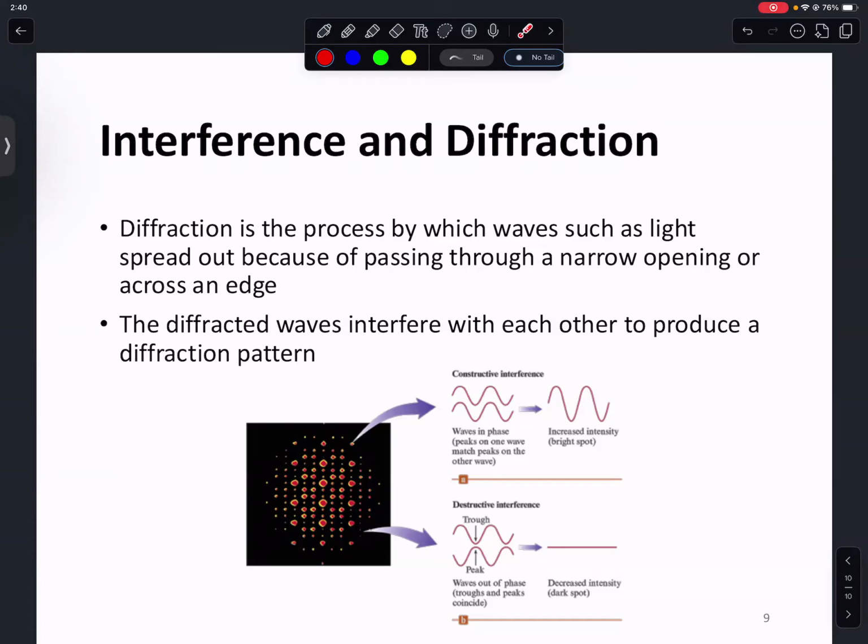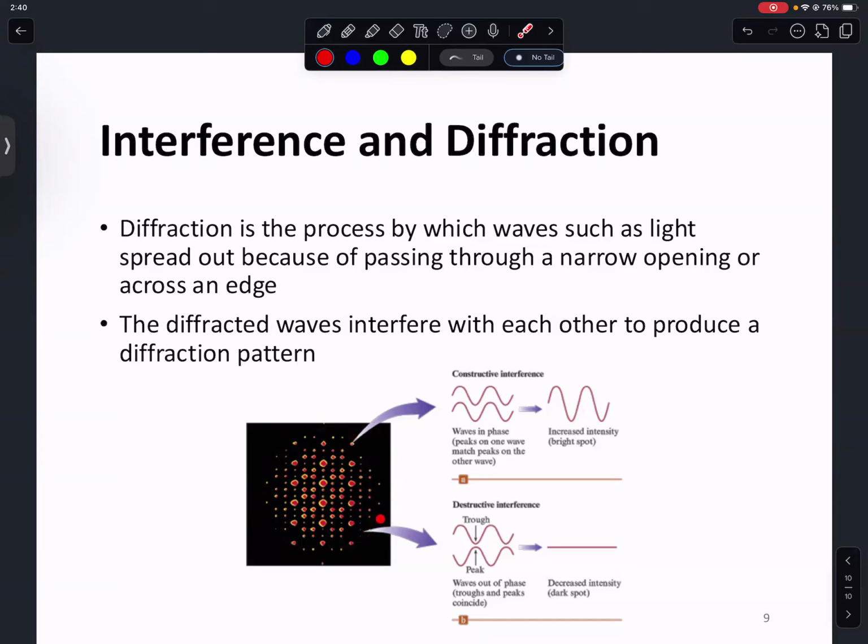And in diffraction, you have a wave or a light or sometimes an X-ray source that will spread out through destructive and constructive interference through passing from a narrow opening. And this is an example of how diffraction works through constructive and destructive interference.